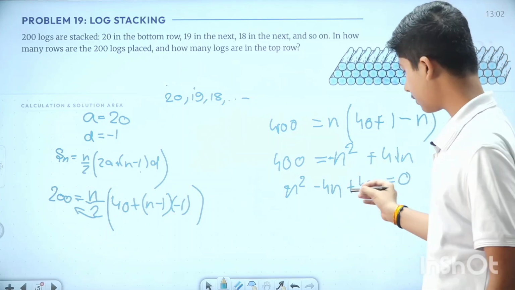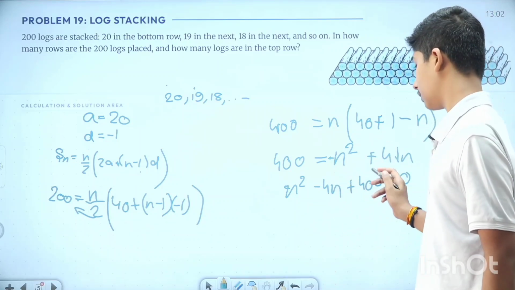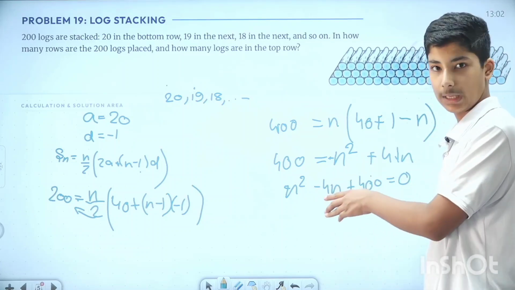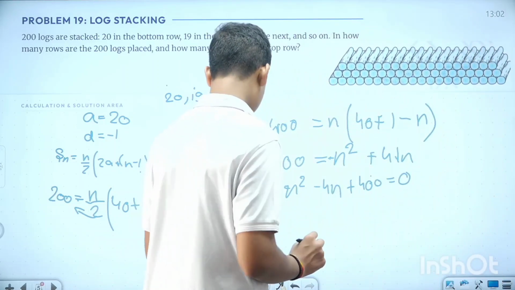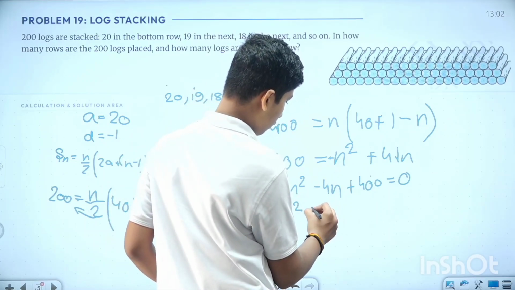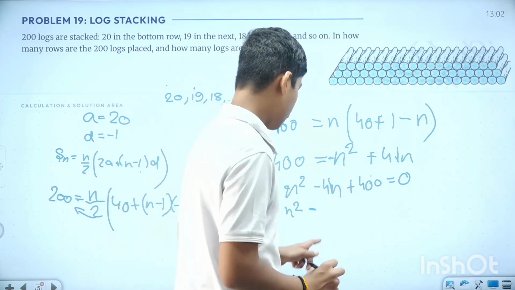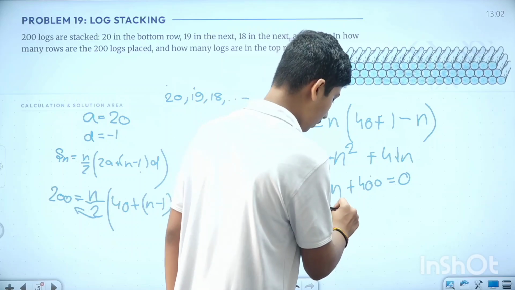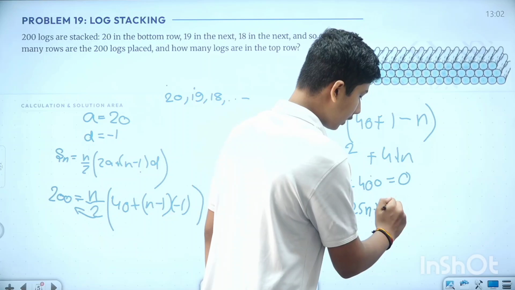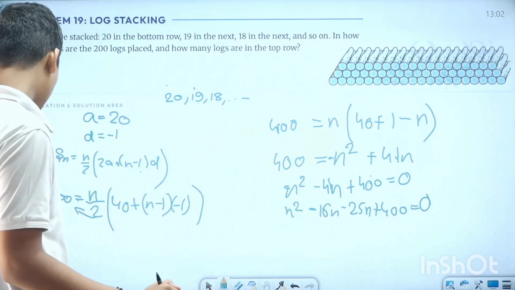Now we have to divide 41n into two parts such that when we add them we get 41n, and when we multiply them we get 400 n square. So the two parts will be n square minus 16n minus 25n plus 400 equal to 0.